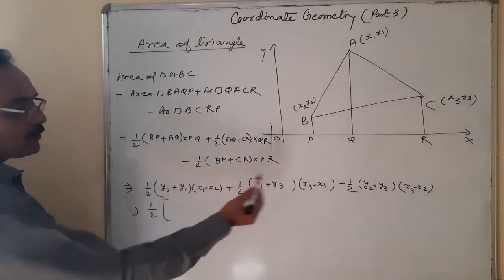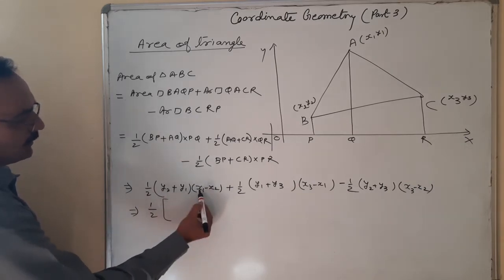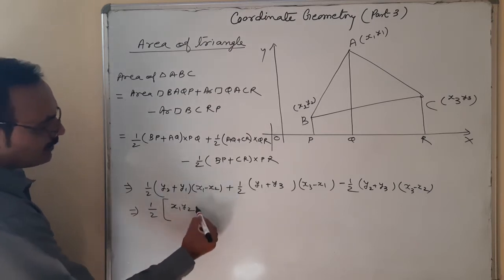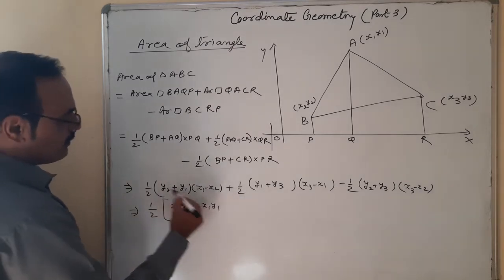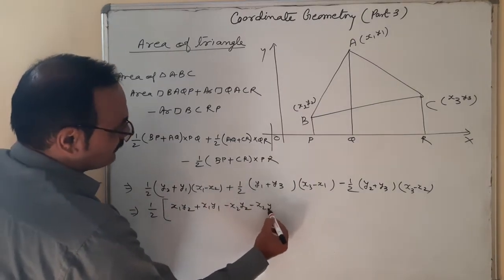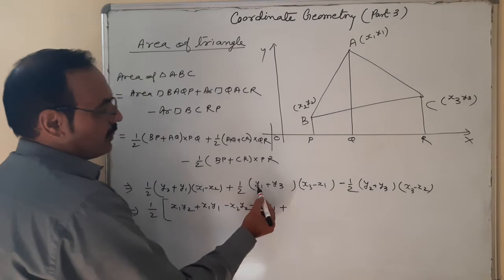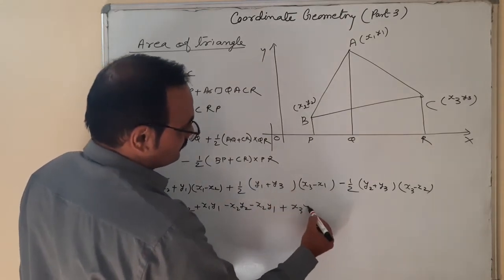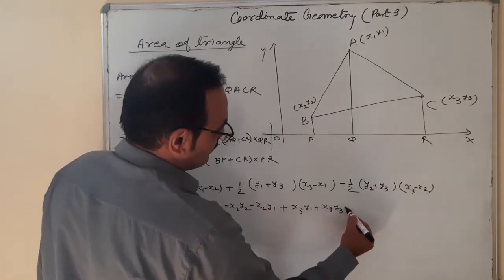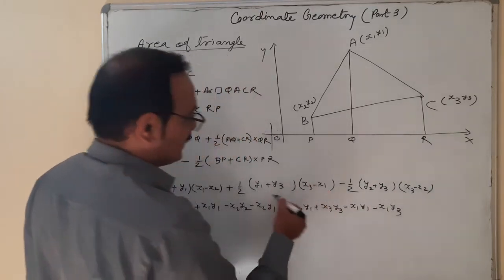So I open the bracket. x1 y1, x1 y2, plus x1 y1 minus x2 y2 and minus x2 y1. Multiplication of the bracket, plus second x3 y1 plus x3 y3 minus x1 y1 minus x1 y3.